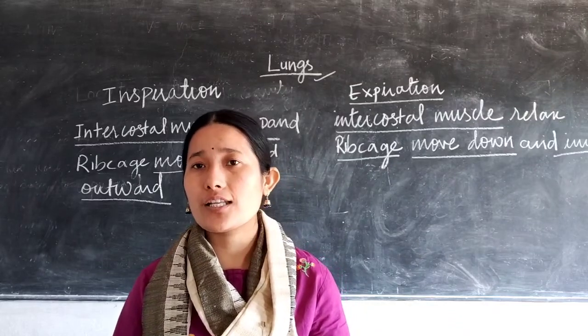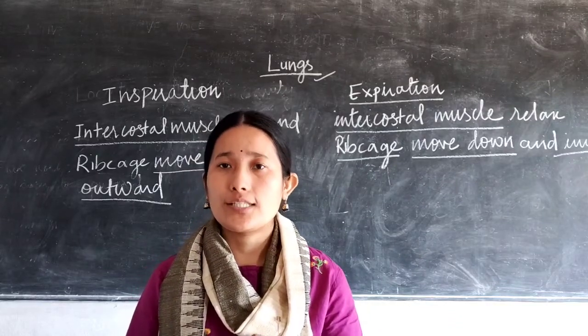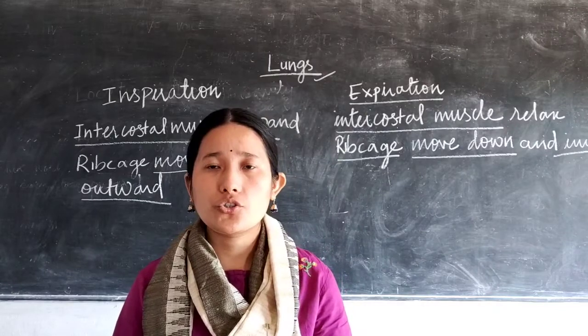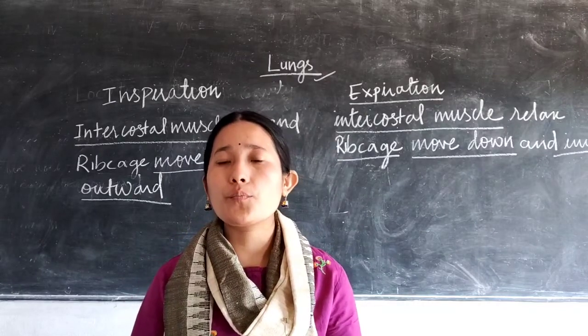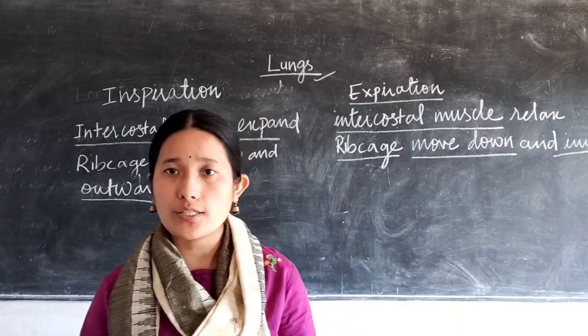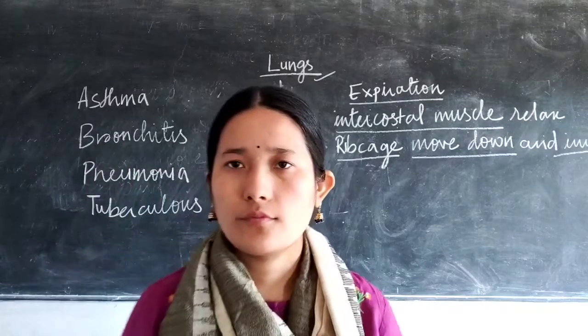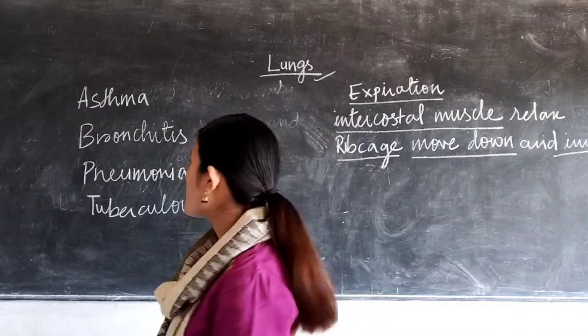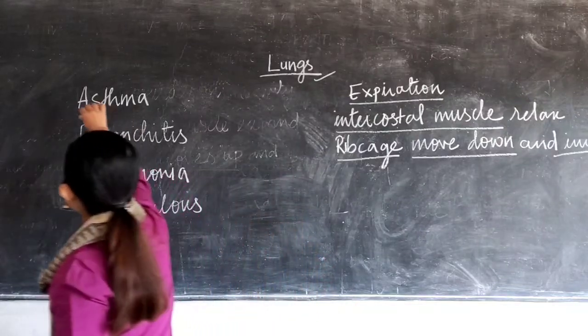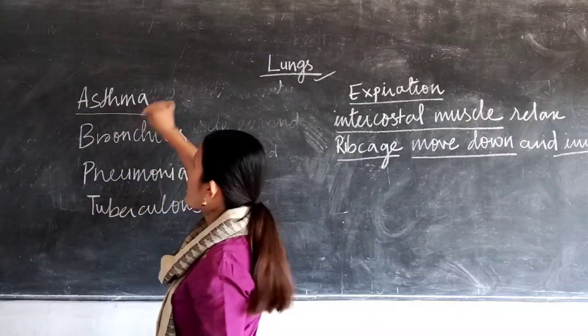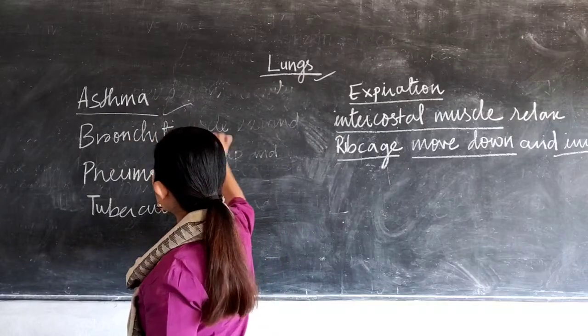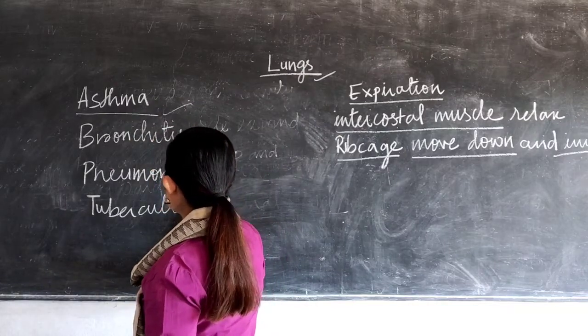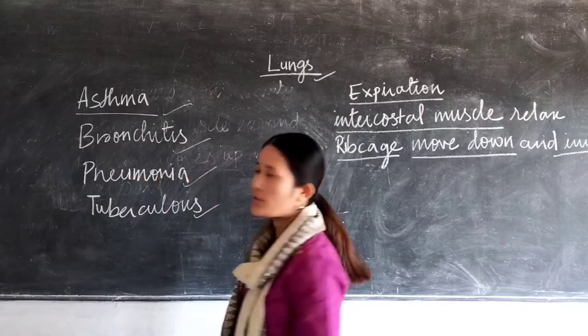Now next let us go through the different diseases which are caused because of the improper functioning of the respiratory system. The common respiratory diseases are asthma, bronchitis, pneumonia, and tuberculosis.